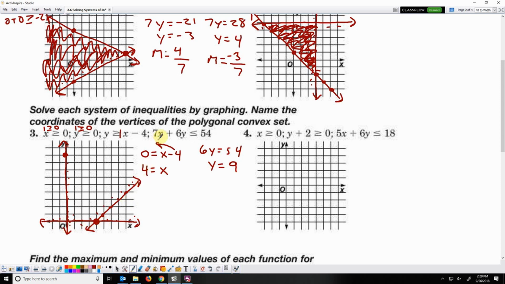And 7 does not go into 54 evenly, so I'm going to use the slope. That is the opposite of A, opposite of 7 over B. So -7 over 6. So down 7 over 6.